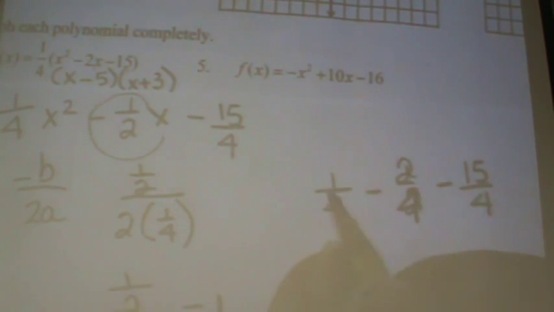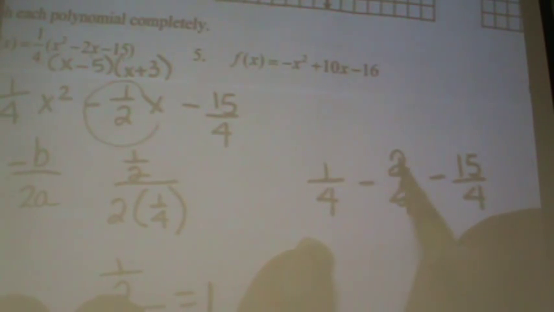So you can add straight across. So 1 minus 2 is -1. -1 minus 15 is -16 over 4, which is -4. So there is your vertex. So what we have here is a complete graph. There's our parabola.